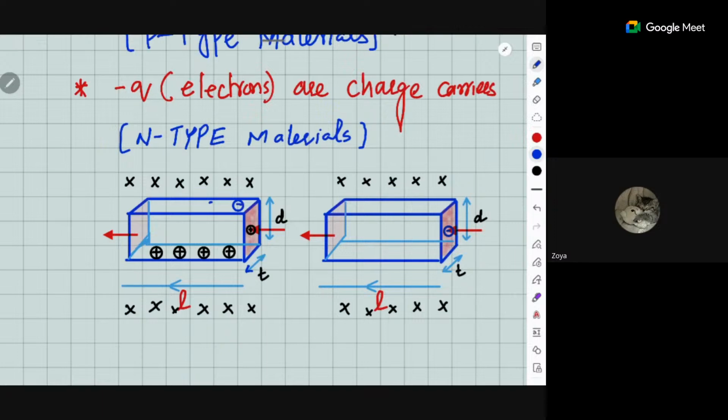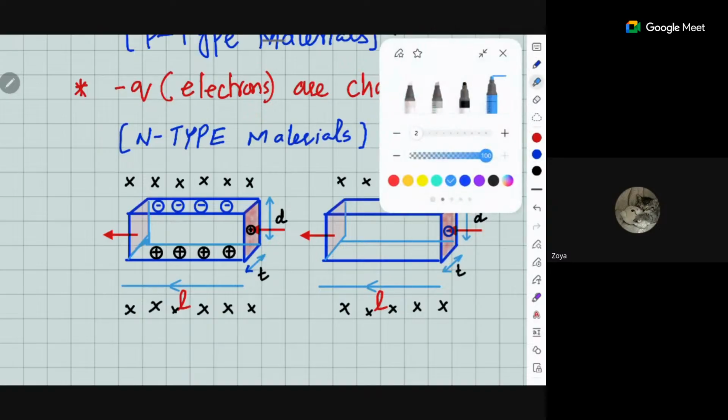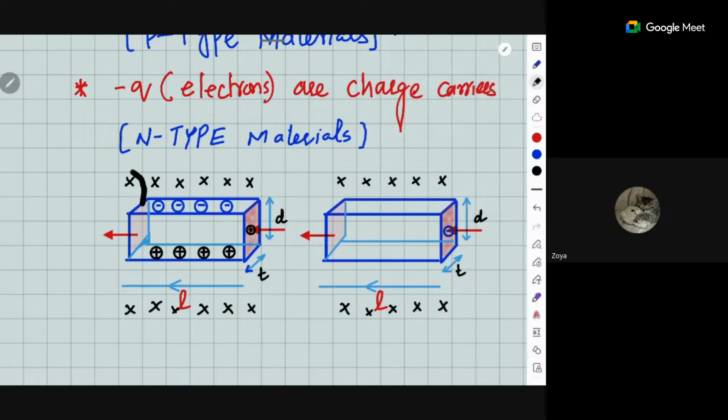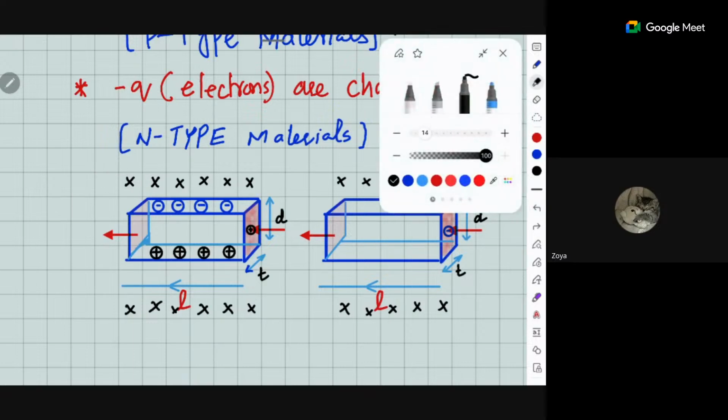Hello, are you people getting it? Yes, sir. Okay. अब देखो, if the lower face is positive and the upper face is negative, then what about the other diagram? Okay, wait. If I want to connect the voltmeter here, what will be the value? Right? I'm just connecting a voltmeter.